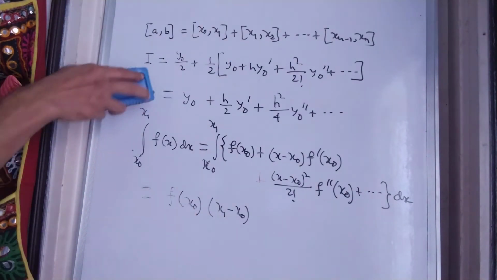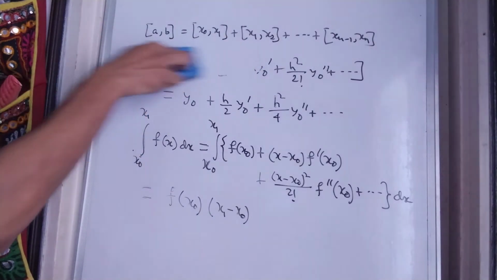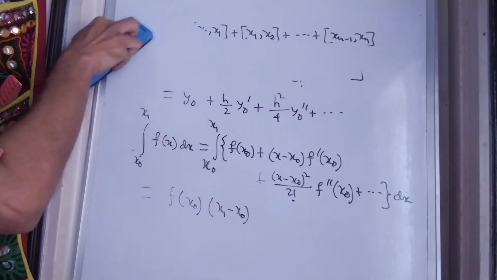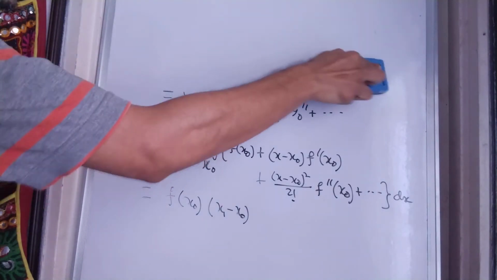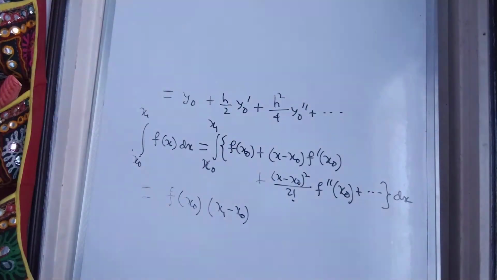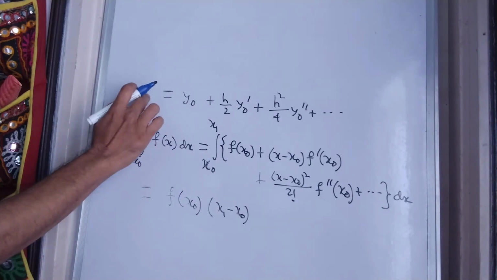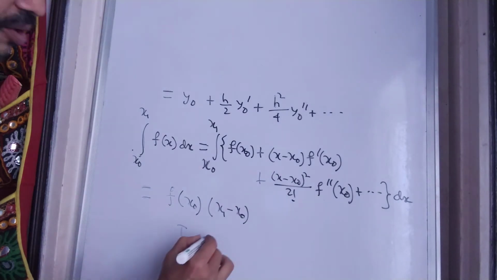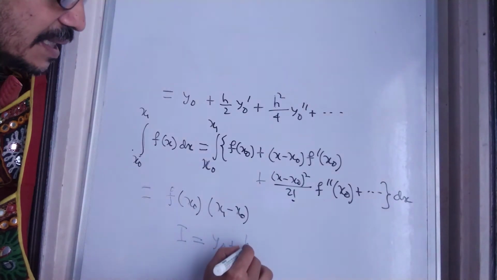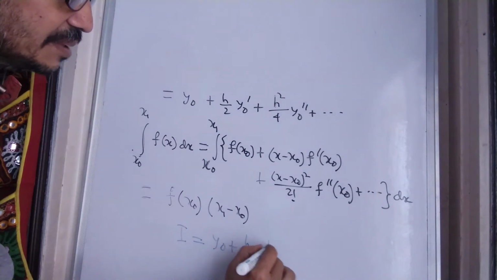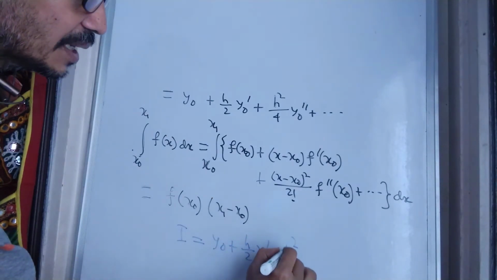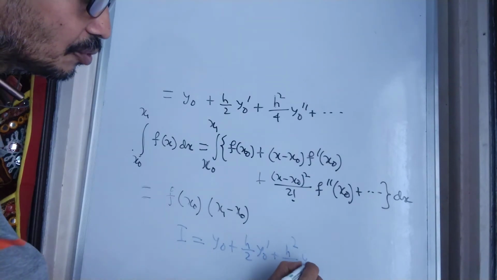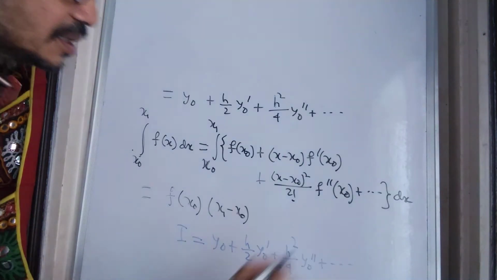Now I am wiping it out and just remember this formula. This formula is, I am writing it here, I equal to y0 plus h by 2 y0 prime plus h square by 4 y0 double prime, and so on.